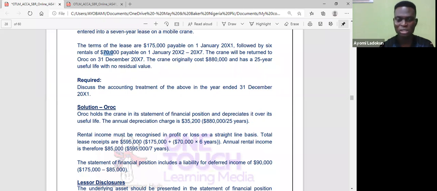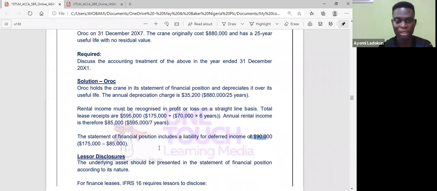So by the time you do your computation, the annual payment normally will be 85. That means out of this 85, there's a portion of 175 and a portion of 70. So I remove that 85 from that 170, so I have a deferred income of $90,000. That's what they have done.